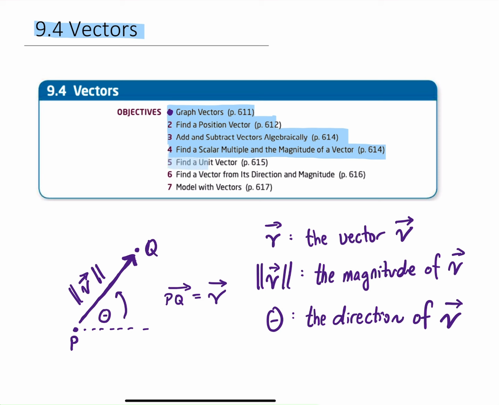We reduced a vector to a unit vector in the same direction. And then we described a vector in terms of its direction and magnitude. There's some additional examples in the text on modeling with vectors, which are more like physics-based applications. So if you're interested, there's a lot of cool examples of how these could be applied to some physical situations.